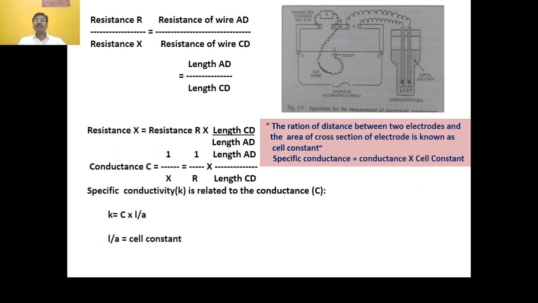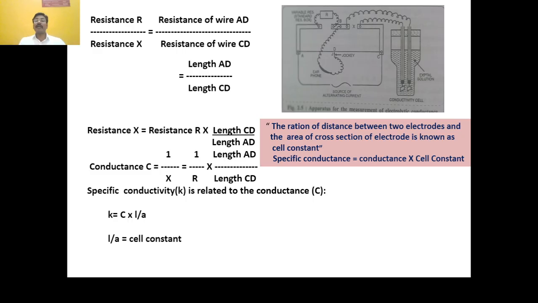When we move the jockey from point A to point C along the wire AC, at point D the earphone shows the low sound, and D is the null point.